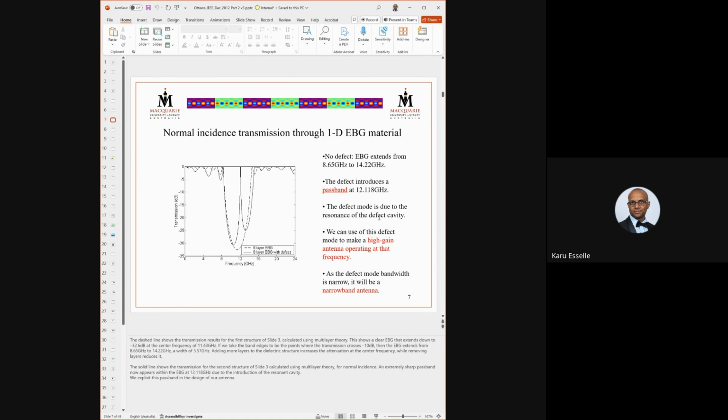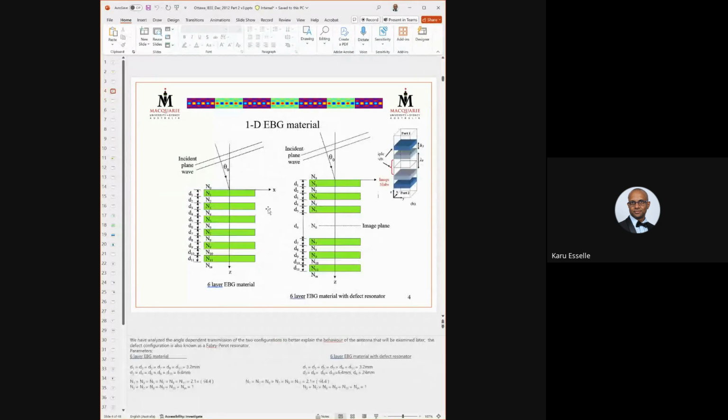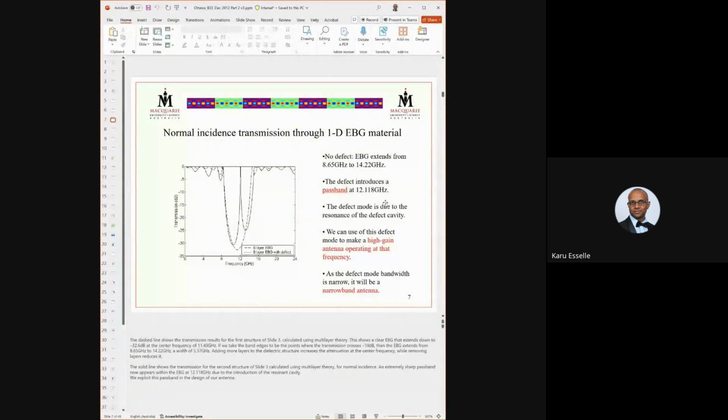Now, how can you make use of that EBG? When you design an antenna, we build this model and calculate transmission through this. You can build this like a unit cell in CST or HFSS and analyze transmission through this unit cell, assuming unit cell boundary conditions and normal transmission, and you can plot the transmission and reflection of that unit cell.